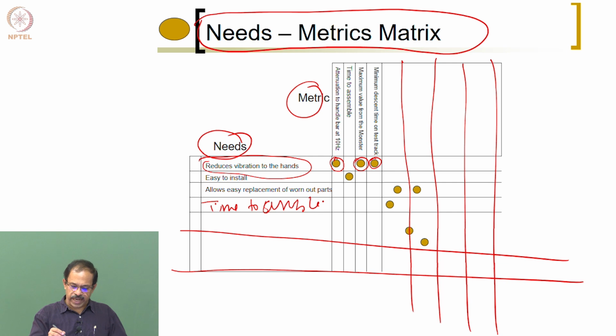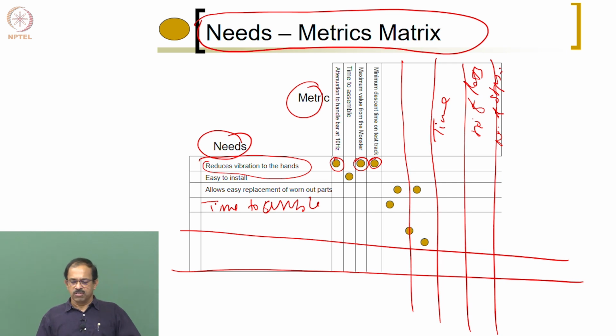So one of the metrics is time, so I'll write it as time. Then the number of parts. Then somebody said number of steps. Now, if you know the importance, you can say that, okay, this one is most important, or this is not that important, and this may be important. So you can use different forms of representation, saying that this is the most important metric for this, and this may be not that important, or this may be the least important.